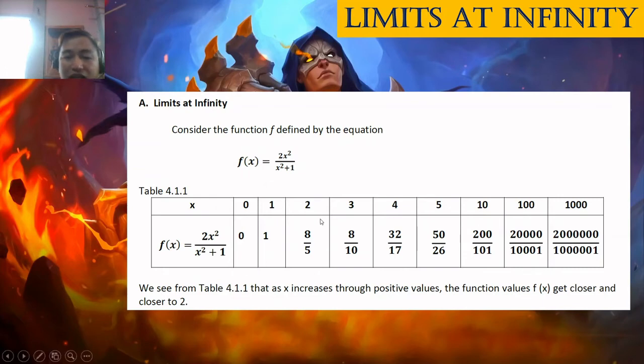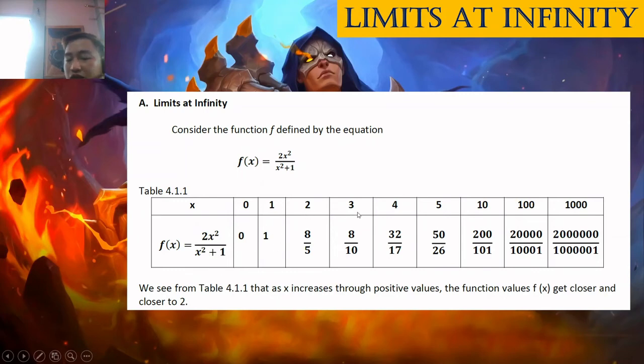infinity? It is actually like this, class. We make a table, as x approaches positive infinity, the values of x get larger. If x is 0, the value is 0. If x is 1, the numerator is 2, then 1 squared is 1 plus 1 is 2, so 2 divided by 2 is 1.